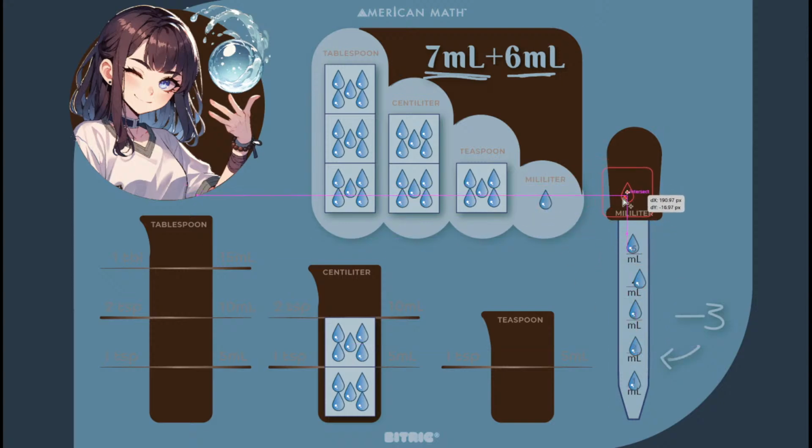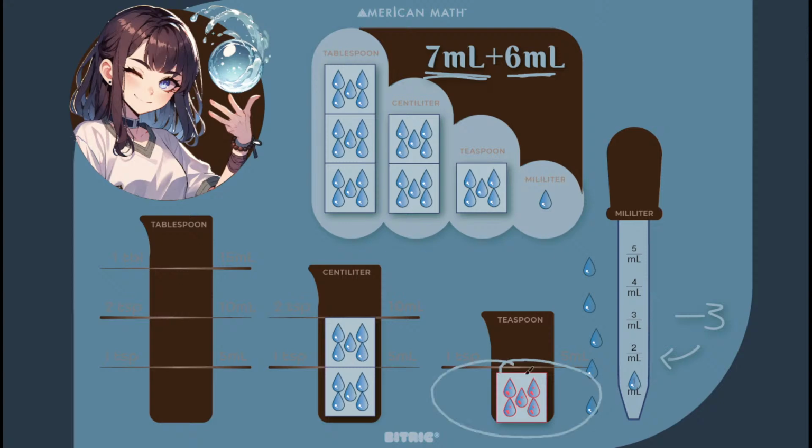Okay. This is called breaking in the Bittring system. Because we took a group of 5 milliliters in a teaspoon, and then we broke it into 5 individual milliliter parts. All right.